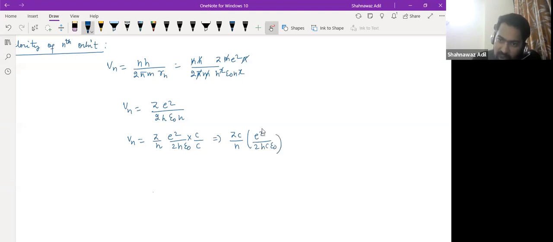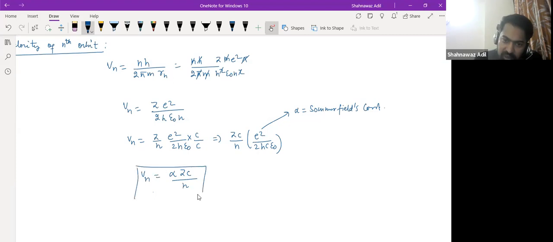So this is called the Sommerfeld constant, and we can write this Vn as alpha ZC by n. This is the nth order velocity, and the value of alpha is 1 by 136. This is a very important point.